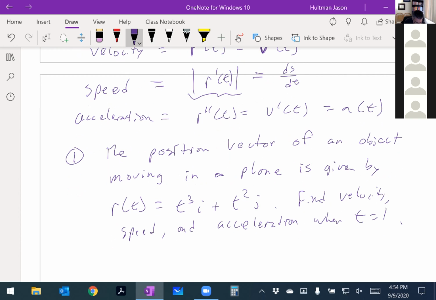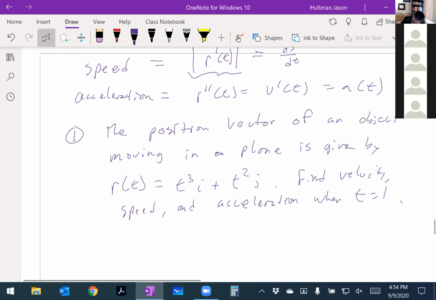Okay, time 1. So v of t is just going to be the derivative of this, right? So that's going to be 3t squared i plus 2t j. So that's the velocity.